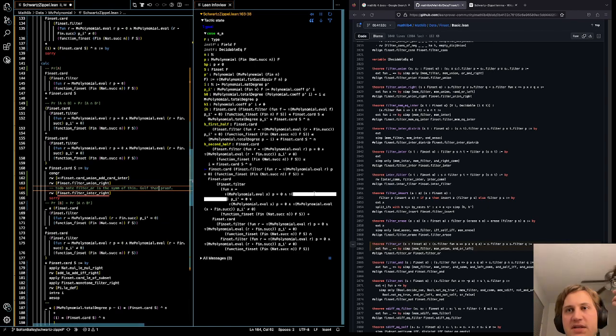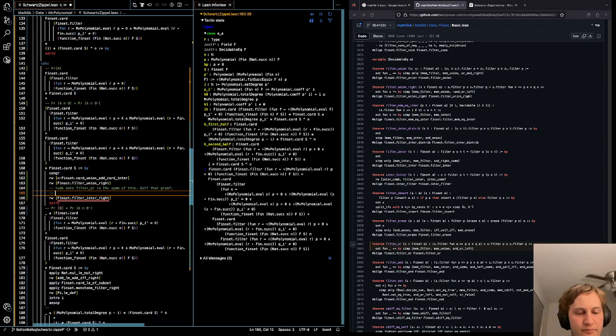And then the other problem is that filter and, right? So filter and is what I need. Maybe so should filter inter right.